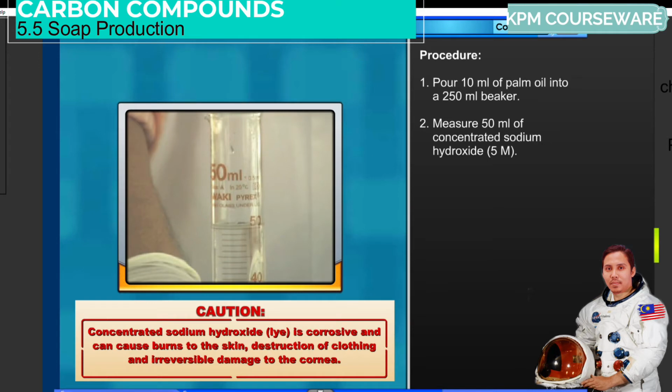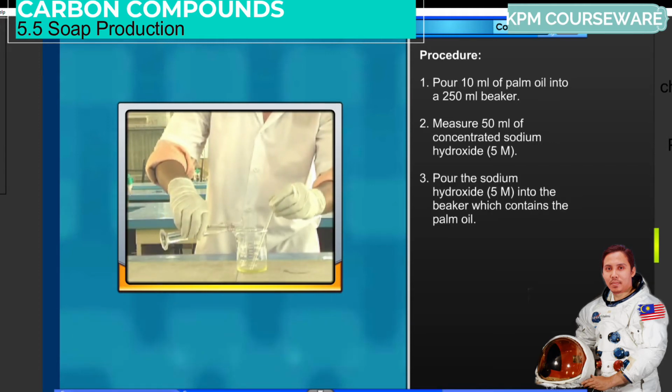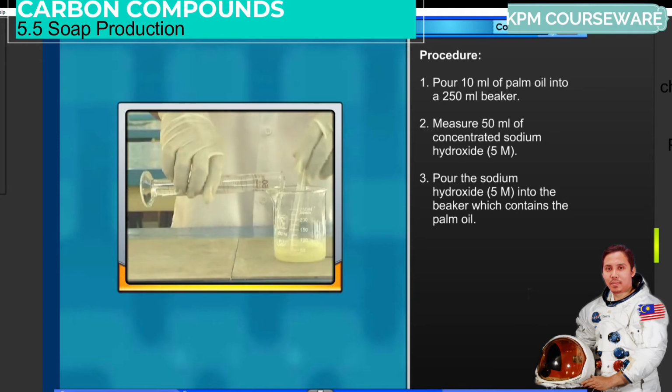Concentrated sodium hydroxide is corrosive and can cause burns to the skin, destruction of clothing, and irreversible damage to the cornea. Pour the sodium hydroxide into the beaker which contains the palm oil.